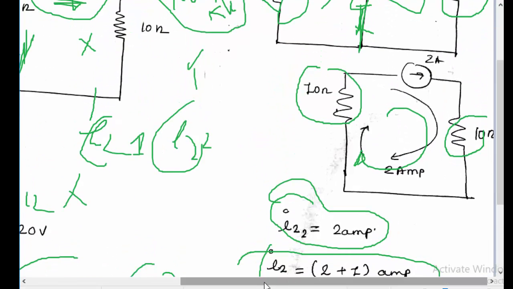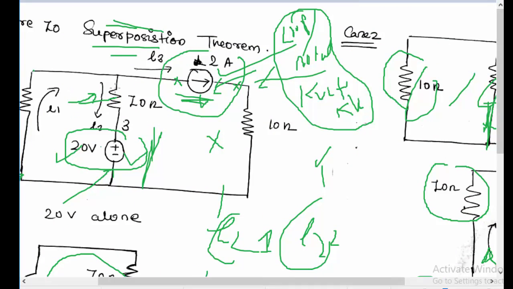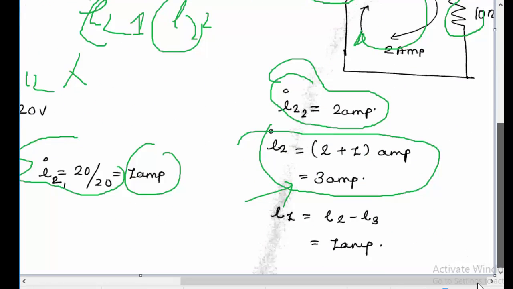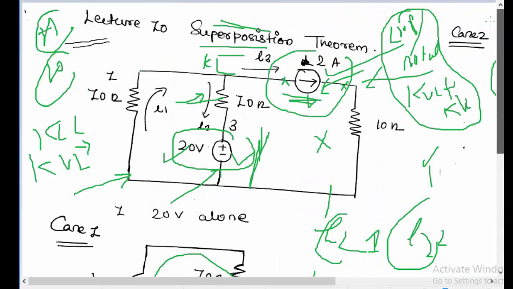If it is also asked to find I1 in the circuit, then you can apply KCL at this node, and I1 is equal to I2 plus I3, and you know I2 now, and you also know I3, so I1 is equal to 1 ampere. This is just a simple example which I formulated myself to help you understand what the superposition theorem is all about.